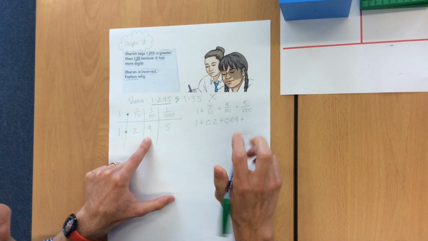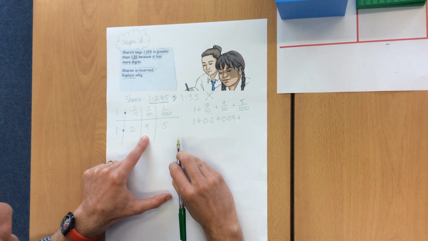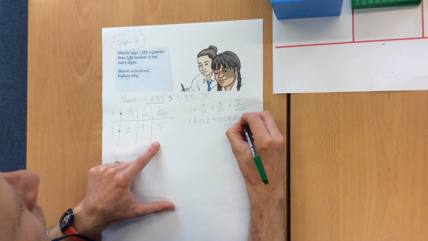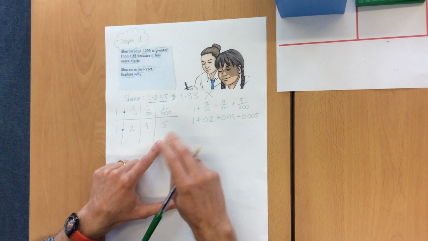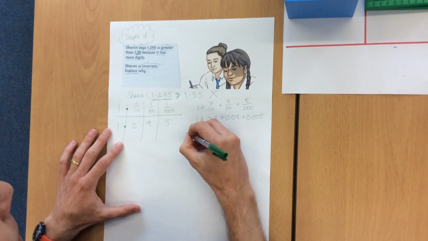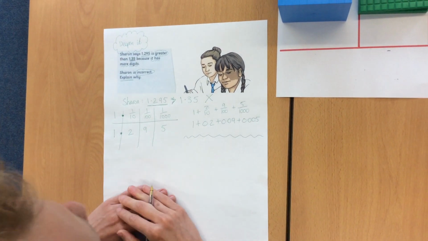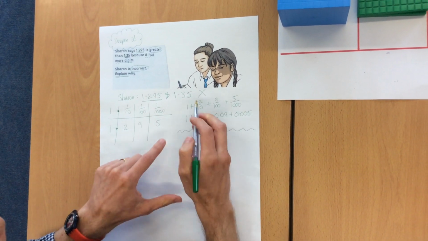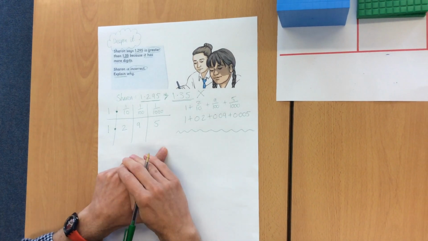And I'm sure you know maths is all about spotting patterns. You might see a pattern here with the zeros. And for my thousandths, it would be 0.005. Okay, so that's the first decimal. I've expanded it, I've explored it, I know it pretty well. Next, I'm going to be looking at the next decimal, which is 1.35.